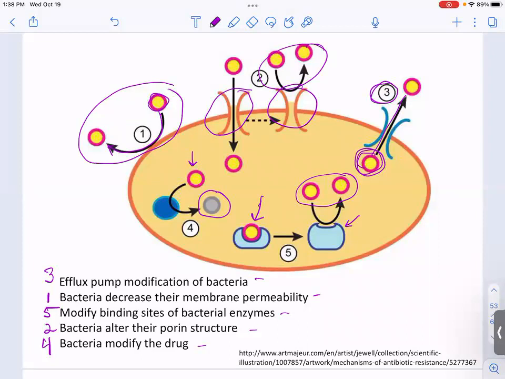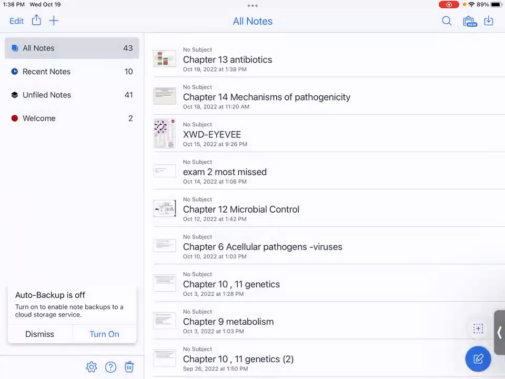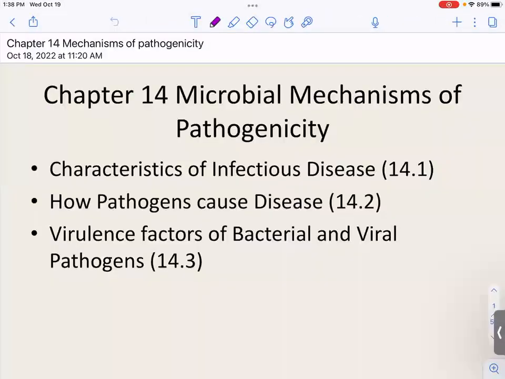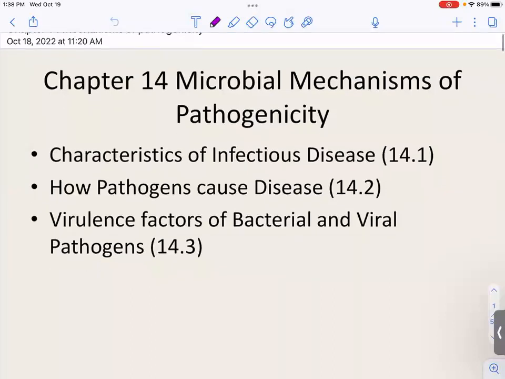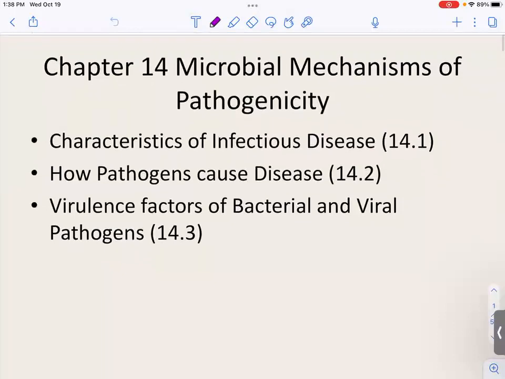So he was way ahead of his time. It's an interesting novel if you're interested in this kind of stuff. But that's been proposed as, maybe we're going to have to start relying on bacteriophage to treat bacterial infections. And there's work going on trying to do that. Okay, so yes.